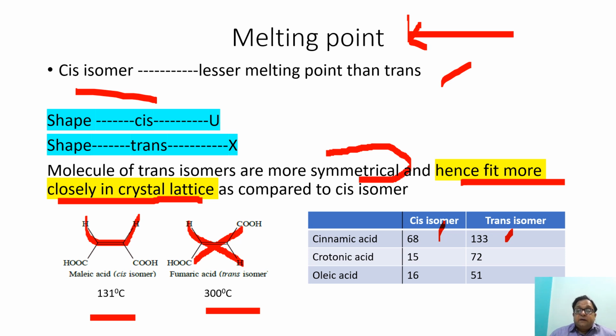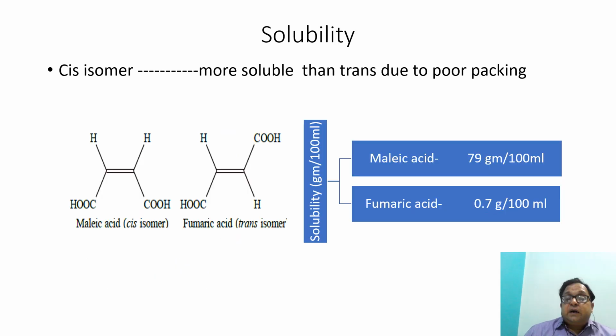Crotonic acid exists with a melting point of 15 degrees Celsius, and its trans isomer has a melting point of 72 degrees Celsius. Oleic acid has 16 degrees as the cis isomer and 51 degrees as the trans isomer.